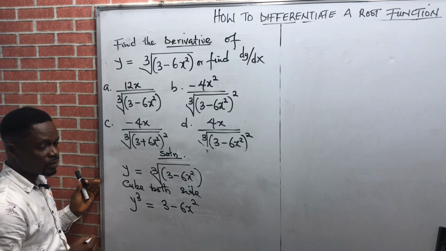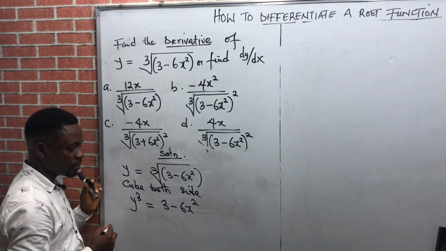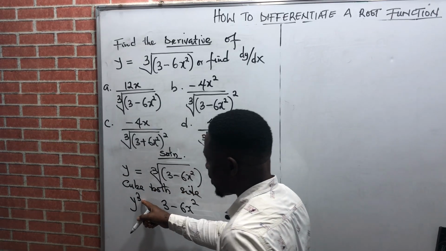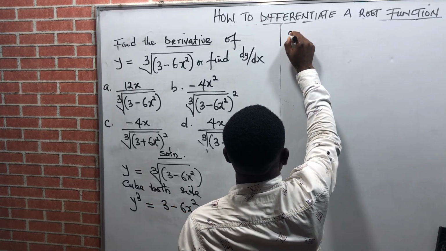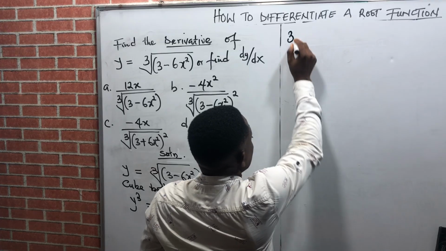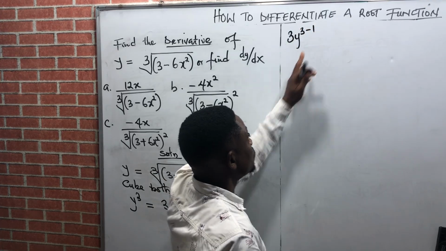Then if that is done, what we're going to do right away is to differentiate. If you are differentiating y raised to power 3, you consider the power. The power is 3. Bring 3 down. Then repeat the question: y raised to power 3 minus 1 as the power.